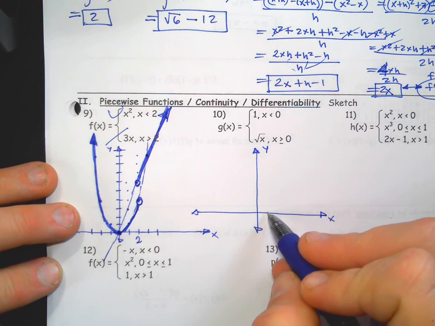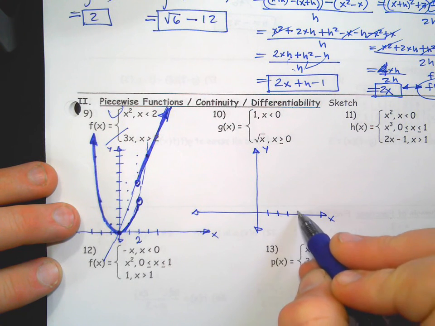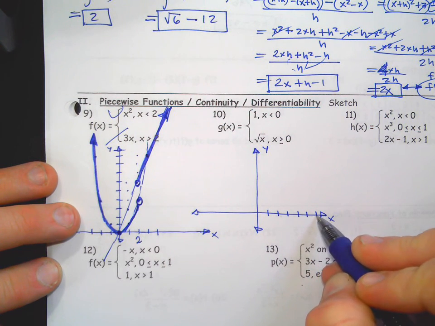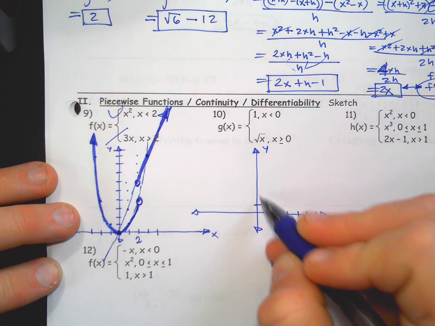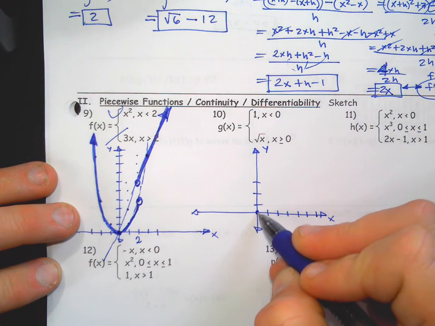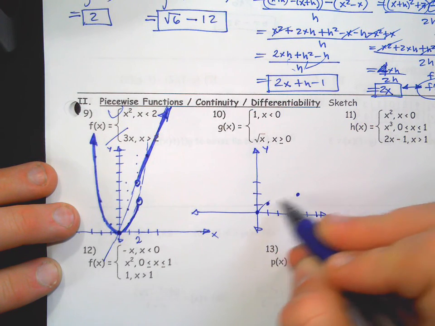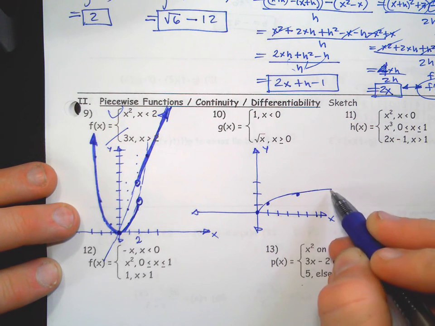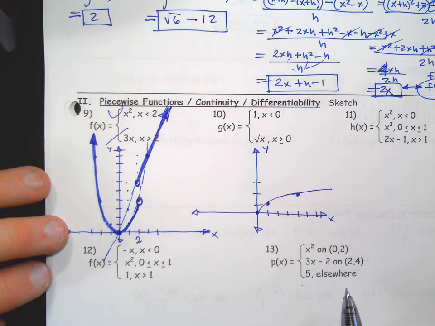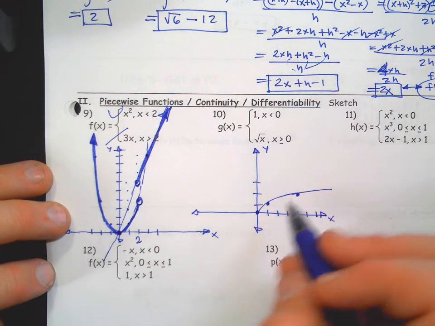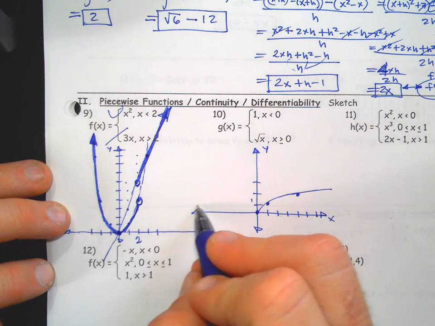So 1, 2, 3, 4, 5, 6. So 1, 2, 3, 0, 0, 1, 1, 4, 2. This is what the square root function looks like. It's like the top half of a sideways parabola. And then the other one's just a flat line going through 1.